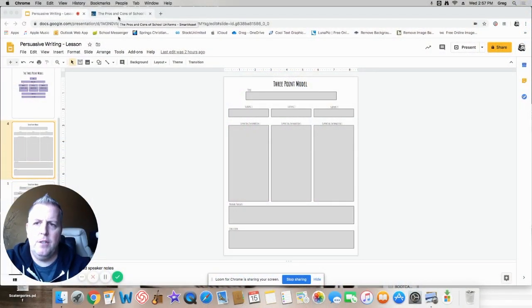Now that you have your outline ready to go, what you need to do is start conducting some research. So you want to develop some familiarity with the topic that you're going to be addressing, trying to find out as much information as you can and become somewhat of an expert on the topic. For this example, let's use school uniforms as our topic of choice.